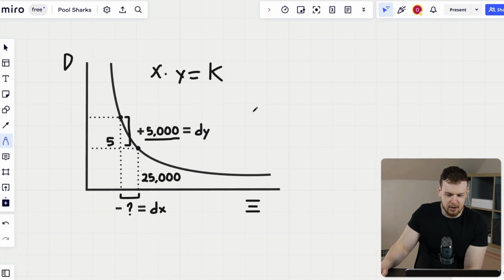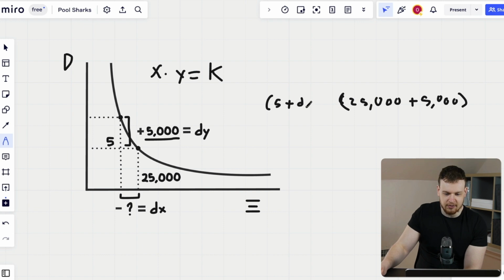So right here, I know that Y is immediately going to be 25,000 plus the 5,000 that the trader just swapped in. And then our amount of token X is going to be 5 plus this mystery dx that we want to figure out.